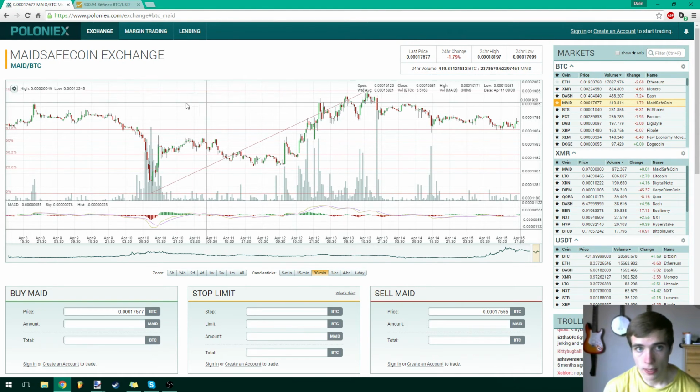So a long position on MadeSafe coin at this 2 level right here would be a good idea. But the chance has already passed, because that happened between April 10th and April 13th. Well, April 12th about.